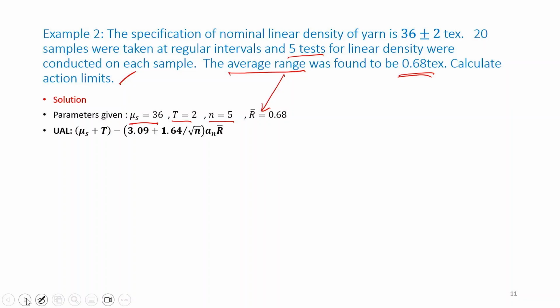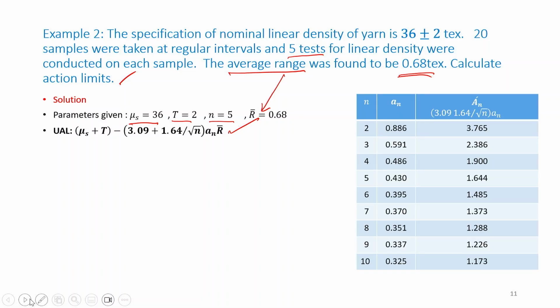We write the formula. The formula for the upper action limit is mu s plus t minus 3.09 plus 1 minus 64 under root n into small a n R bar. That is what we have seen earlier. So now in this case, everything is given.